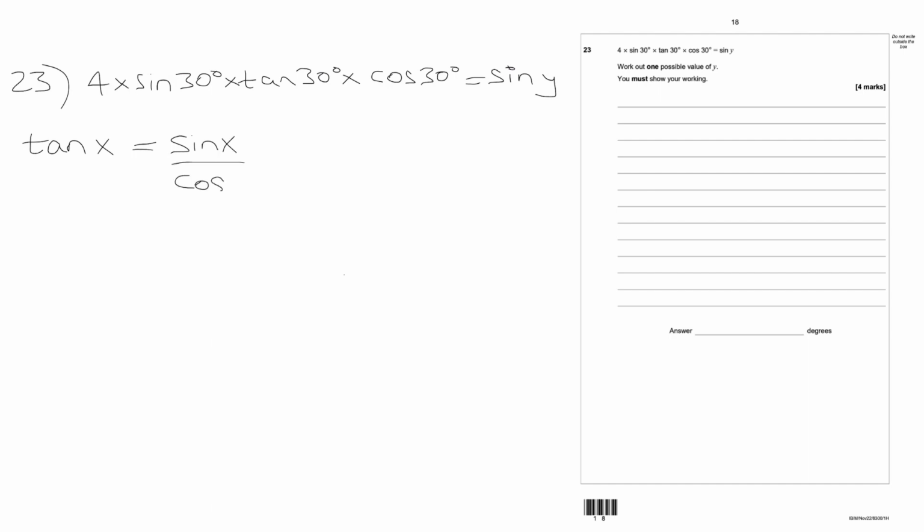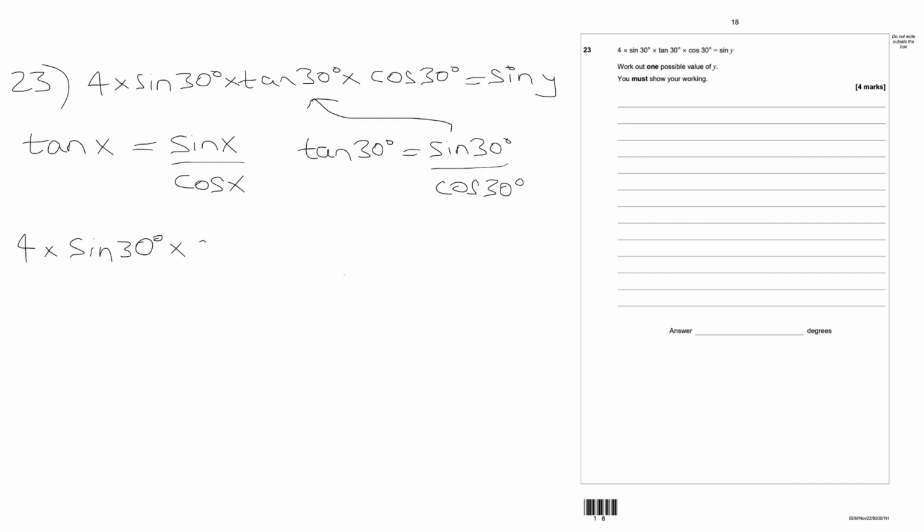So in our particular case, tan of 30 degrees is equal to sine of 30 degrees over cos of 30 degrees. I'm going to substitute this for tan of 30 degrees, and what I get then is 4 times the sine of 30 degrees times the sine of 30 degrees over cos of 30 degrees times cos of 30 degrees, which is equal to the sine of y.